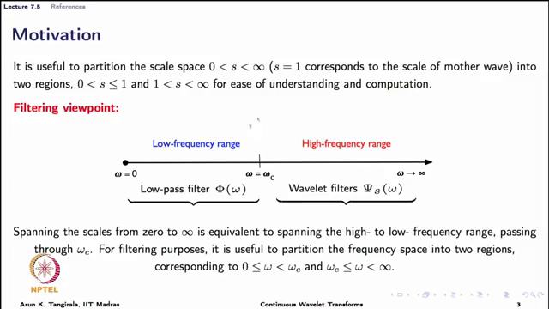So, here I have a simple schematic for you on the slide where I show the partitioning. The frequencies to the left of the center frequency constitute what is known as the low frequency range, and the frequencies to the right constitute what is known as the high frequency range.